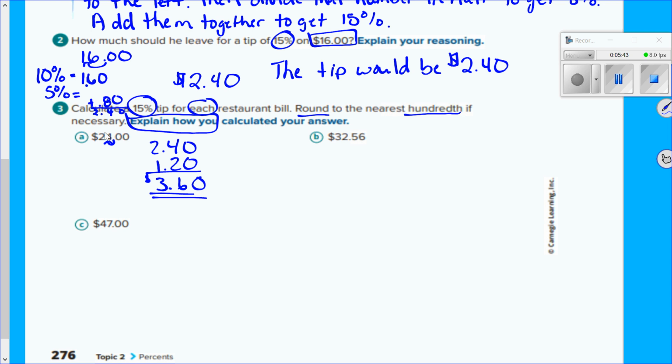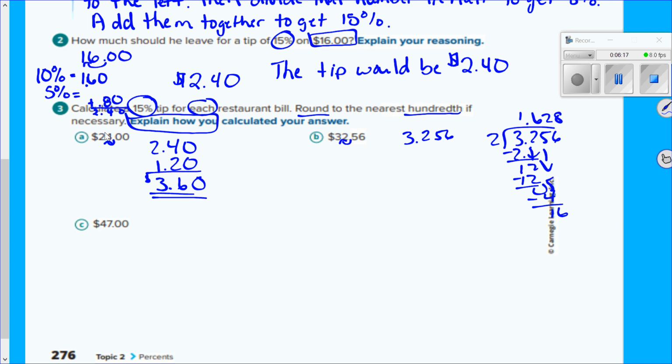Make sense? Okay. Our next one, again, this is where it gets a little more complex. So 10% is going to be 3.256. If I do half of that, it's going to give me 1.628.